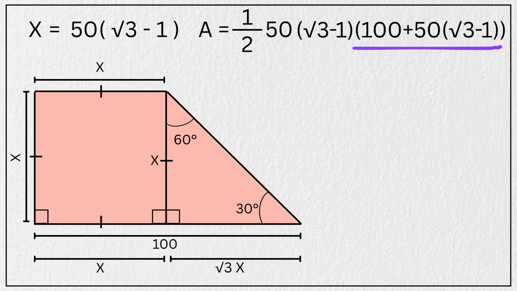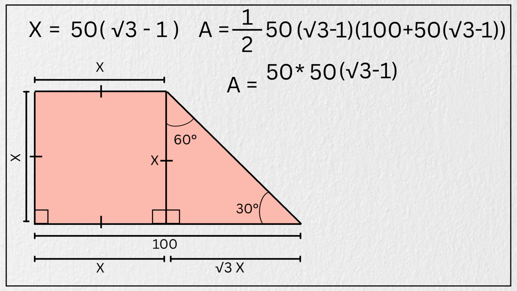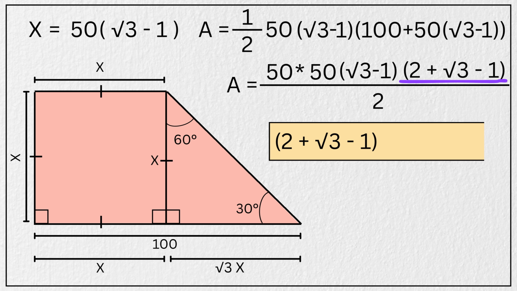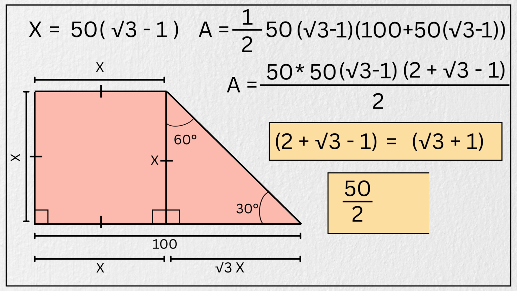Taking 50 common from this expression, we get 50 times the quantity square root of 3 minus 1 multiplied by the quantity 2 plus square root of 3 minus 1, all divided by 2. This 2 plus square root of 3 minus 1 is square root of 3 plus 1. And 50 divided by 2 gives us 25.